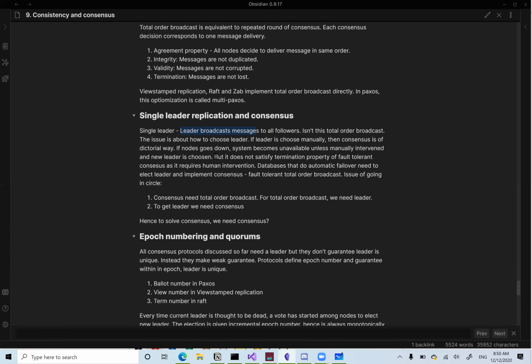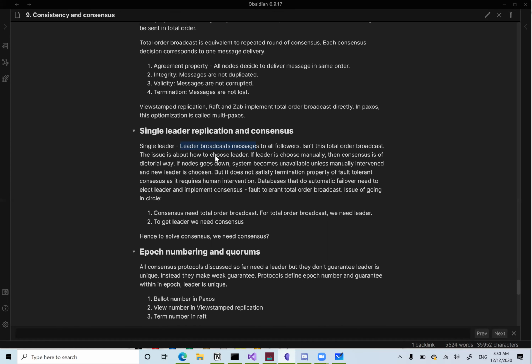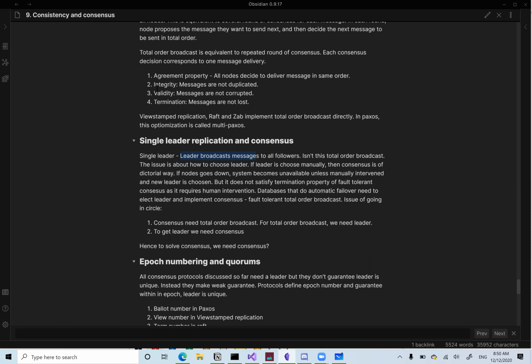So we said that fault tolerant consensus should satisfy these four values, right? If you are manually choosing the leader, your system is satisfying the first three values, but it is not satisfying the fourth value. It does not satisfy the termination property of fault tolerant consensus, as it requires human intervention.